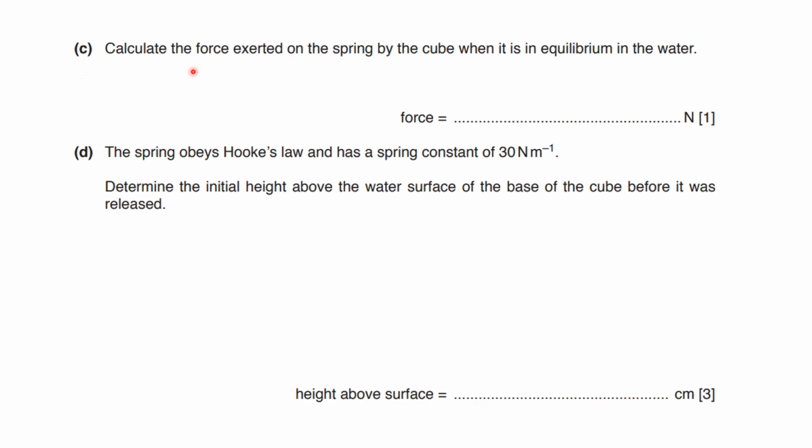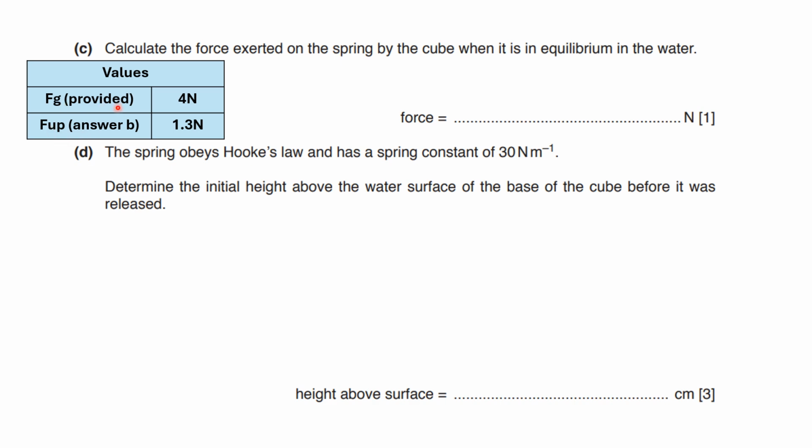Question C. Calculate the force exerted on the spring by the cube when it's in equilibrium in the water. In equilibrium, we have to look at the forces acting on the cube: the weight of the cube and the upthrust force from answer B, 1.3 newtons. The sum of forces up is equal to the sum of forces down because it's in equilibrium.